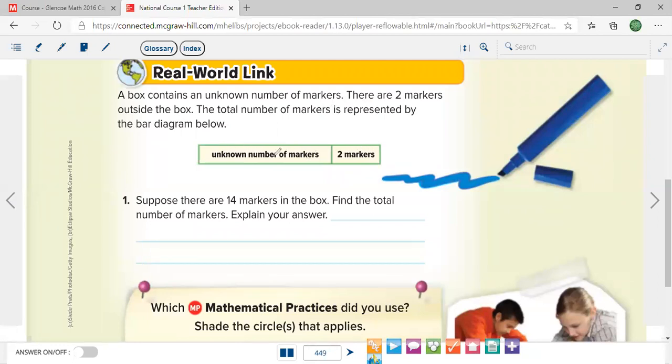Imagine that this part is the box, and this is outside the box. What is inside the box? No one knows, but we know that we have 2 markers outside the box.